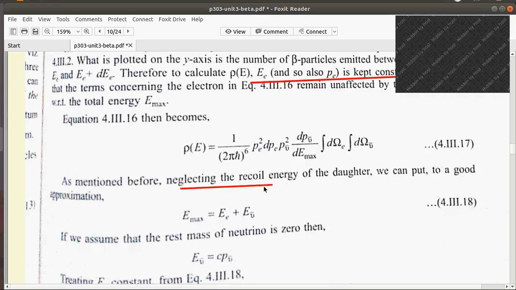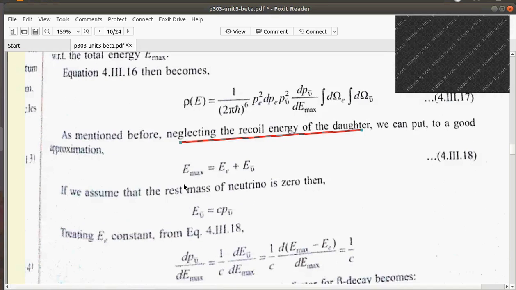If we neglect the recoil energy of the daughter nucleus, then we can write E_max equal to E_e plus E_nu bar. That is, the electron and the antineutrino have access to the total energy E_max. The nucleus generally does not take away the energy.